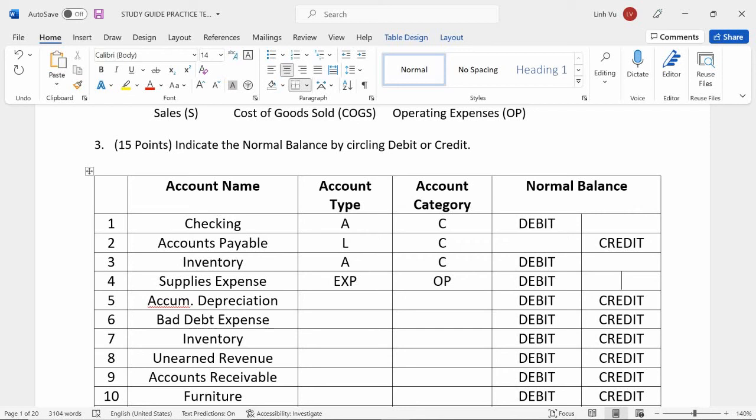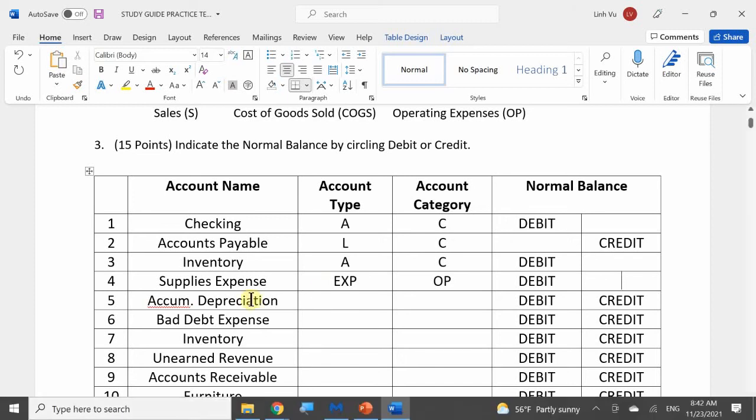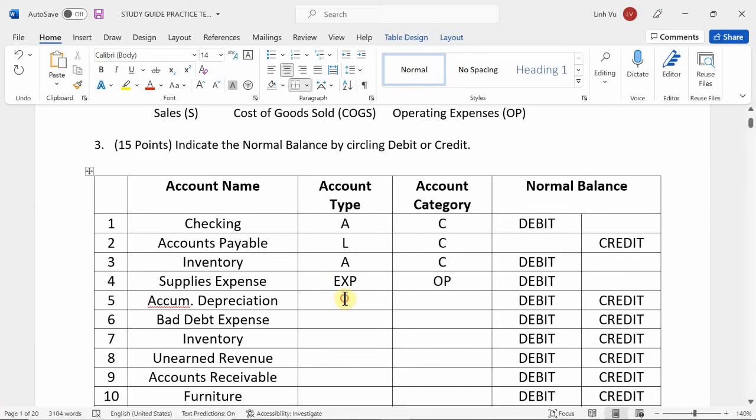You said accumulated depreciation comes from an asset. Now, what kind of asset? Fixed assets, right? So in this case, that's exactly correct. It is an asset and it is a fixed asset. But what makes accumulated depreciation different?